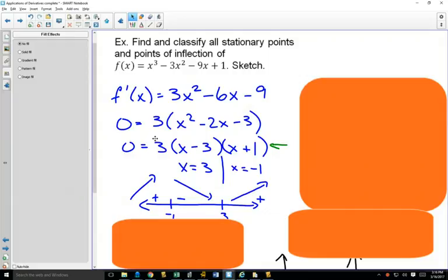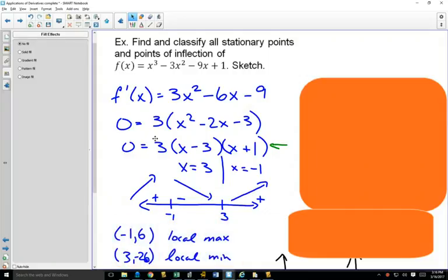Again, we find out increasing, decreasing, increasing, so that means that negative 1, 6 and 3 comma negative 26 are local max and local min respectively. Again, to find out where it's increasing and decreasing, you plug into your derivative. But then to find your actual points you always find by plugging the x value into your original equation.